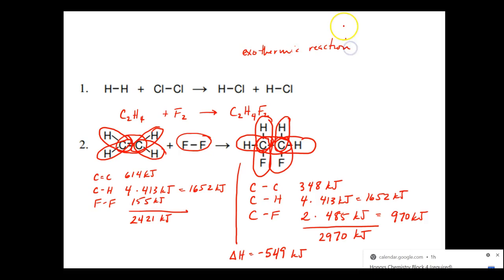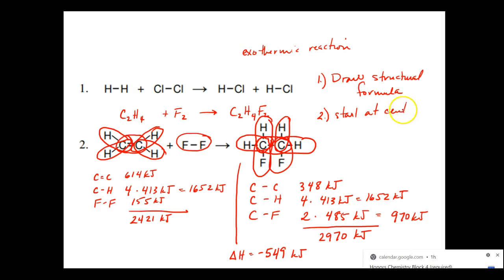So when you're working through these bond energy problems, step number one is draw the structural formula. You need to draw the structural formula because otherwise you won't know where those double bonds exist. And it's also going to be hard for you to count what types of bonds and how many you have. Then secondly, in terms of tips, start at the center.